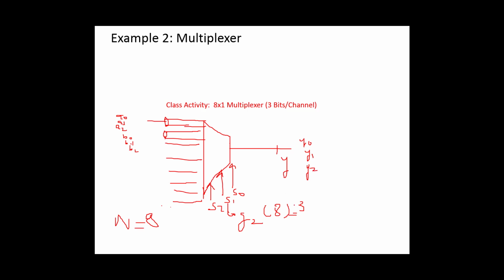So in this case we can construct a truth table which says that when S2, S1 and S0, these are the 3 select lines, they are 0 0 0, then the output channel Y is equal to channel A, such that each of its bit is connected to the corresponding bit line of channel A. Similarly when the input combination is 0 0 1, Y is connected to channel B up to 1 1 1.